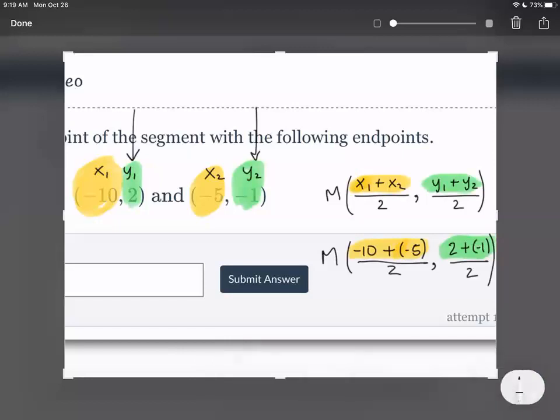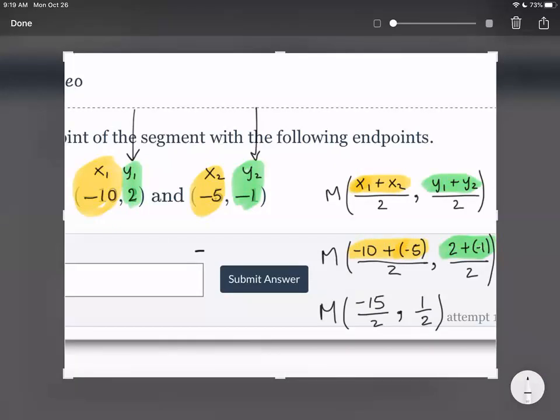This was our -10, 2, this was -5, -1. All right, so then simplifying, -10 plus -5, that becomes -15 over 2. And then 2 plus -1, that becomes 1 over 2.